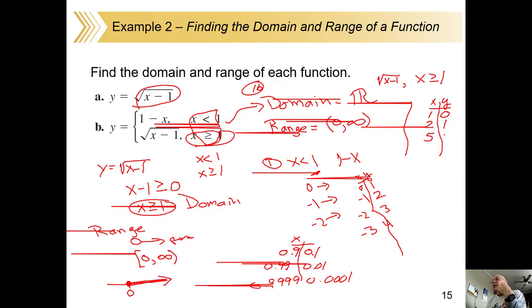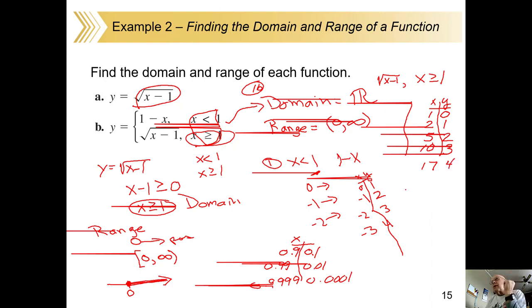Square root of that, I get a 2. If I put a 10 here, 10 minus 1 is 9. Square root of that is 3. If I put 17 in there, 17 minus 1 is 16. Square root of that is 4.